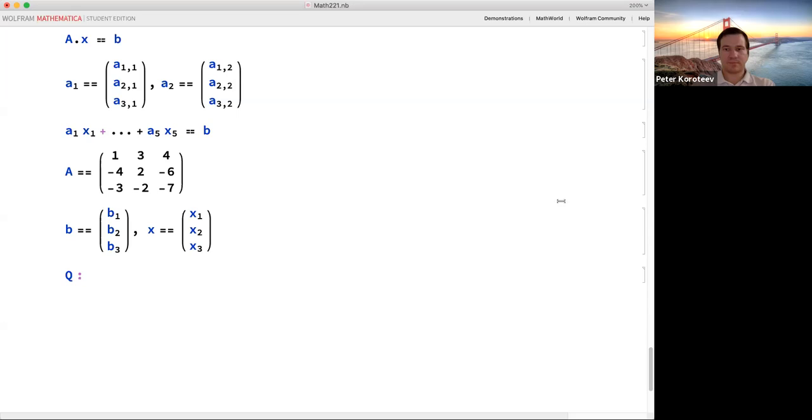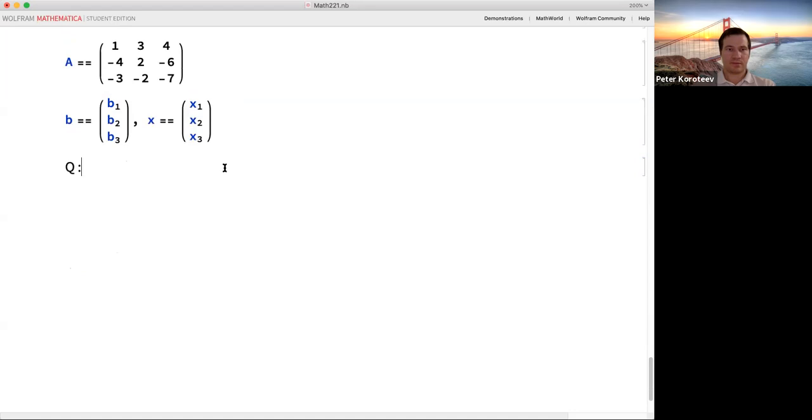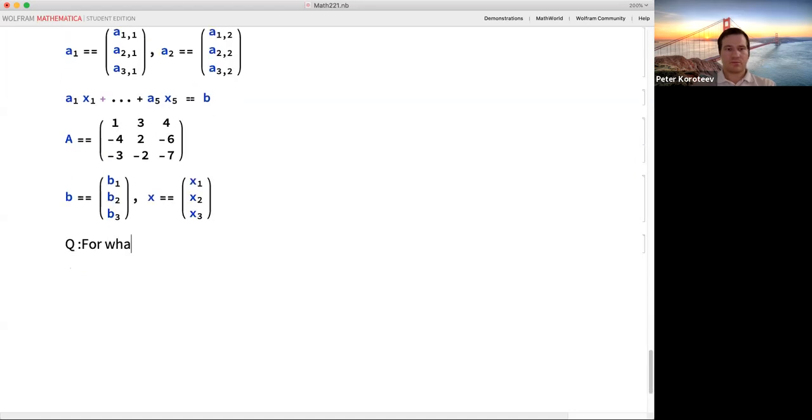The question: what values of b1, b2, b3 make the system consistent?